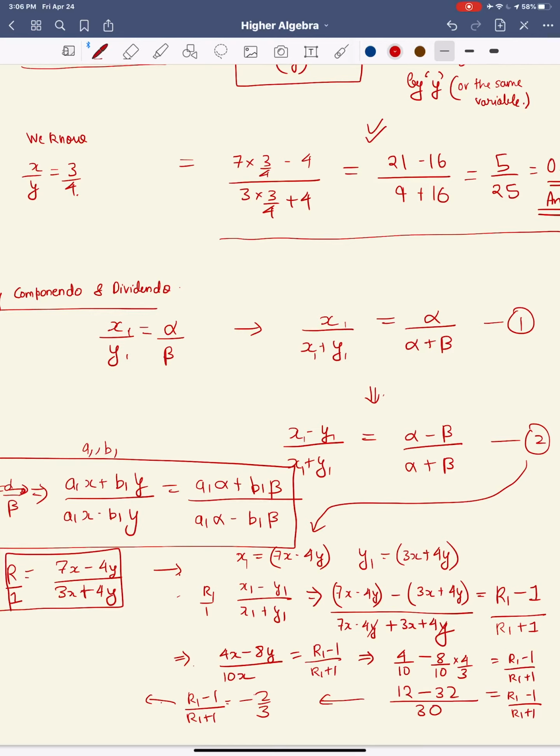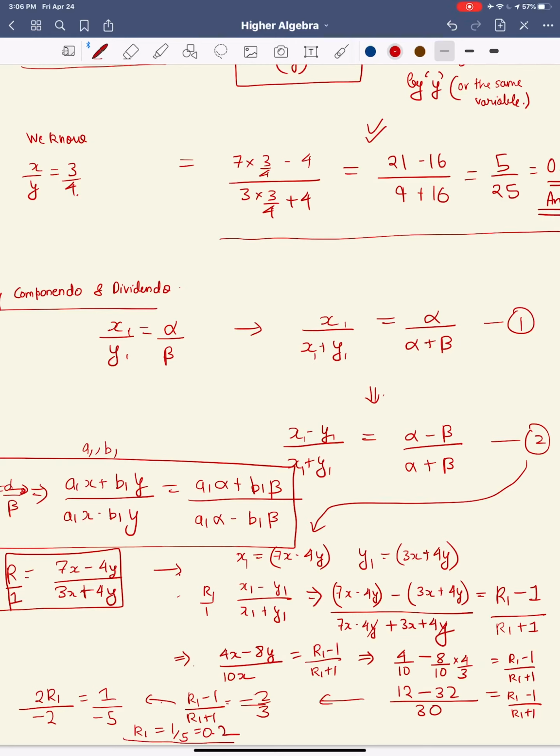So when we add the numerators we get 2r1, and when we subtract the denominator we get minus 2, and on the right hand side, when we add the numerators, say minus 2 is the numerator, we get minus 2 plus 3 is 1, and in the denominator minus 2 minus 3 is minus 5, so we get the value of r1 as 1 over 5 or 0.2.